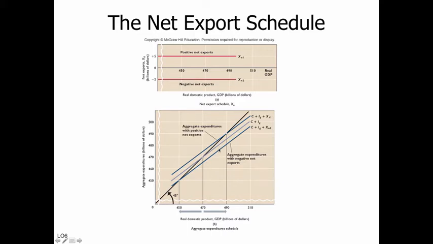The spending line shifts down by that $5 billion, and our new equilibrium would be a point right here, $450 billion in real GDP. So again, if we add a positive amount, the spending line shifts up, which increases real GDP. If we add in this negative net export spending amount, the spending line would shift down to show a decrease in spending, and therefore, correspondingly, the real GDP amount would also fall.